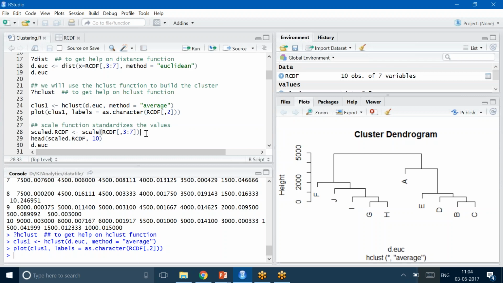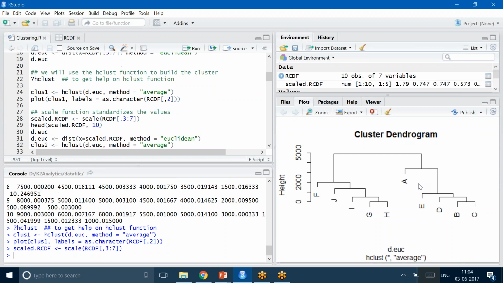So what I am going to do here, now I already got this output which I know is wrong, because one variable which is biased, or one variable which has high variance, high dispersion, is influencing the entire clustering, which I don't want. As such, I'm going to standardize all my variables before running clustering. I have standardized my variables.